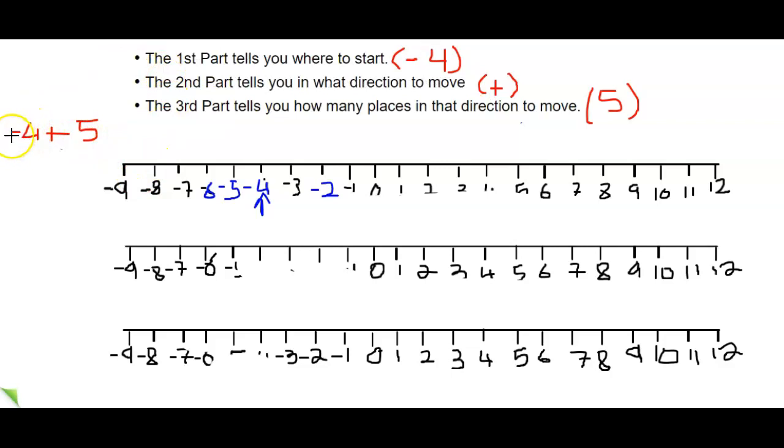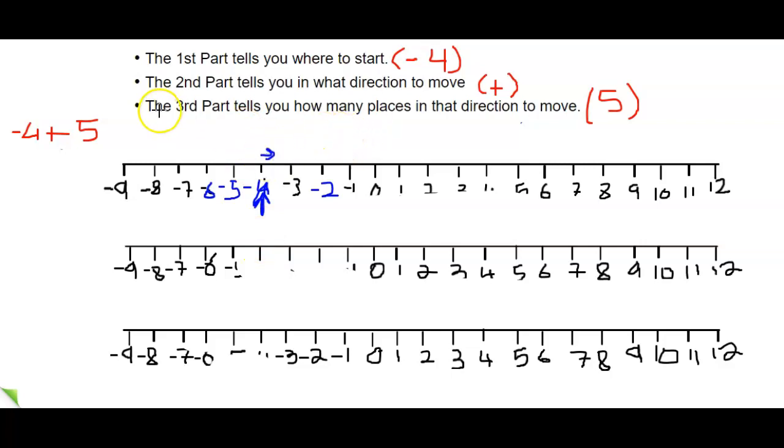Now we have negative 4 plus 5. The first part is negative 4, so we must start at negative 4. The second part is positive, so in what direction would we face? Yes, we would face right. We're not moving yet.